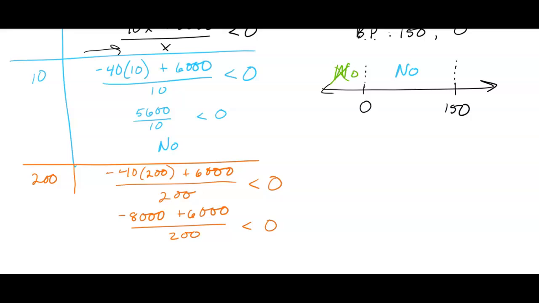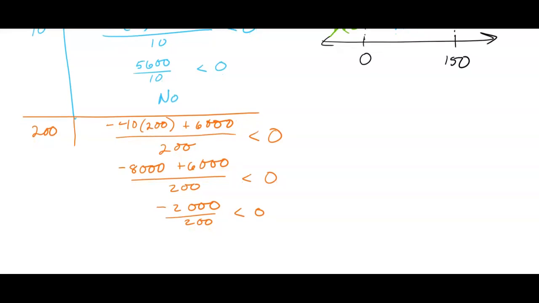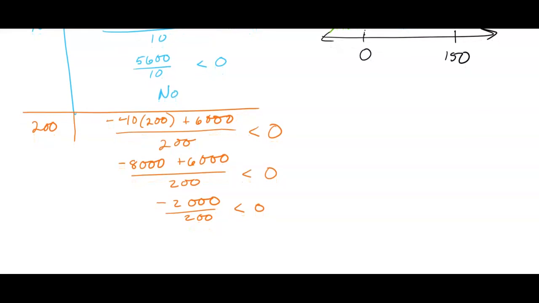The point is that the numerator is going to be negative, so you get negative 2,000 over 200, which is negative 10. I picked kind of nice numbers, that's a fluke, I just picked a number bigger than 150. But the point is it's negative, and negative 10 is less than 0, which is true.